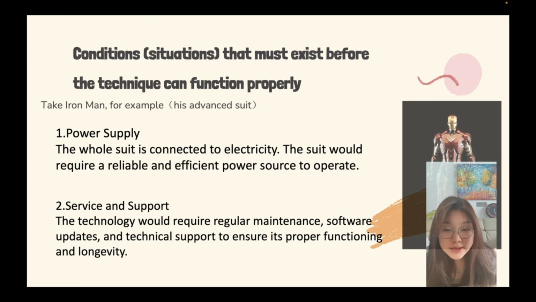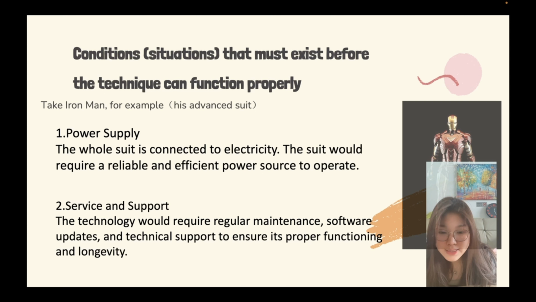For example, take Iron Man's advanced suit. The first one is the power supply, because his whole suit is connected to electricity. So this suit would require a reliable supply, and we need enough electricity to power it.